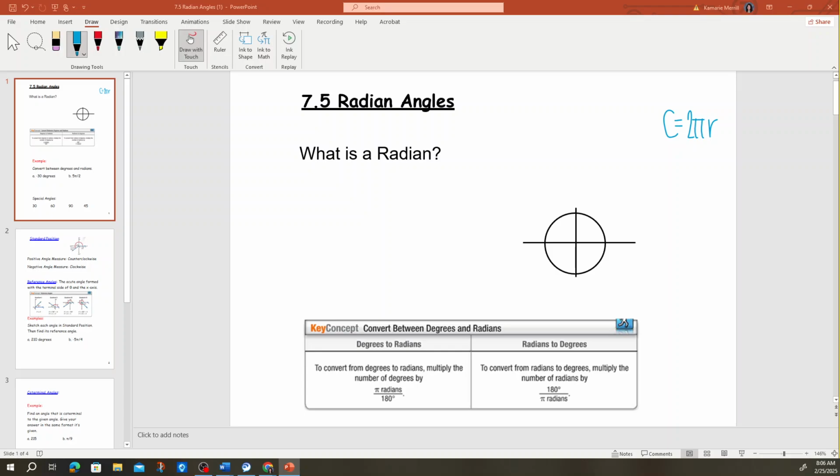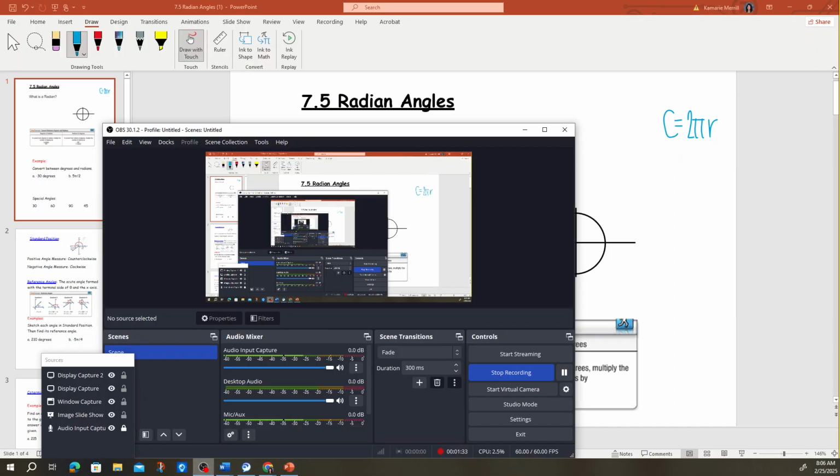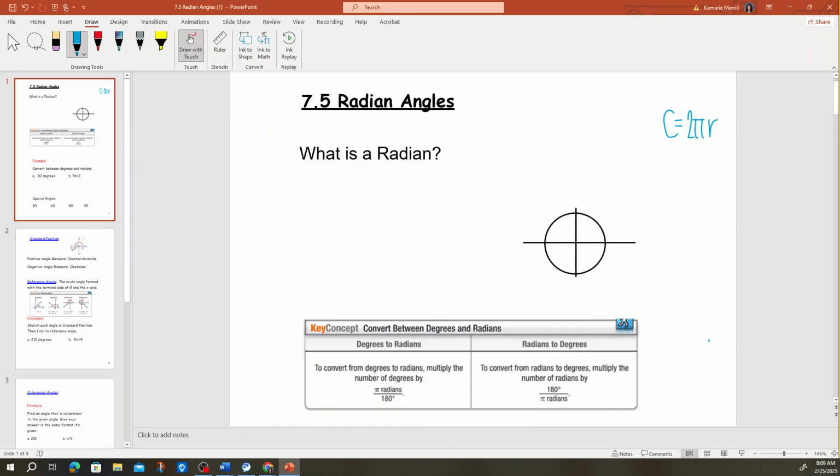And I want to tell you where a radian came from. So I have a quick activity, and I kind of wish I gave you more time on it. This activity is going to have you discover something. If you want to make a better circle with a compass, I have some in the closet.